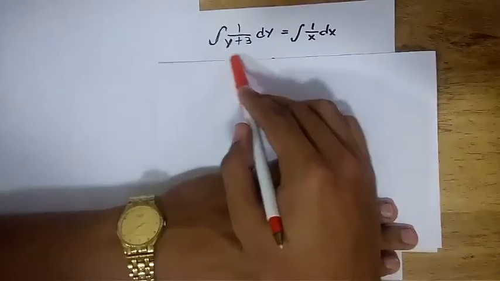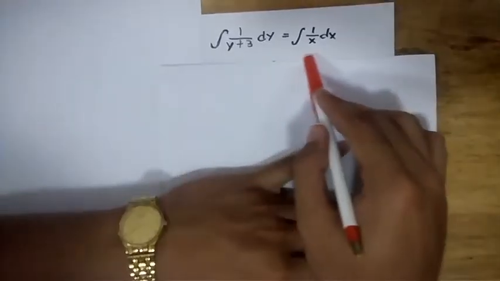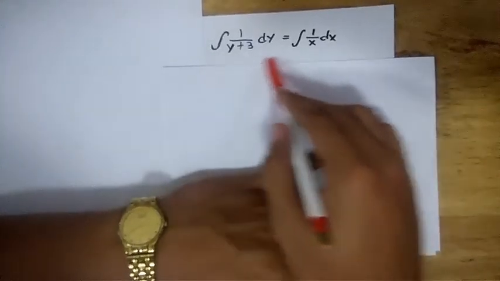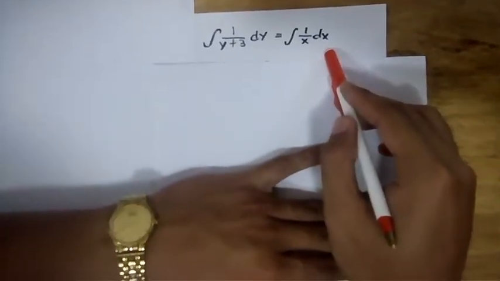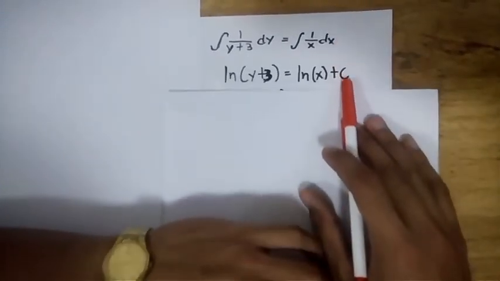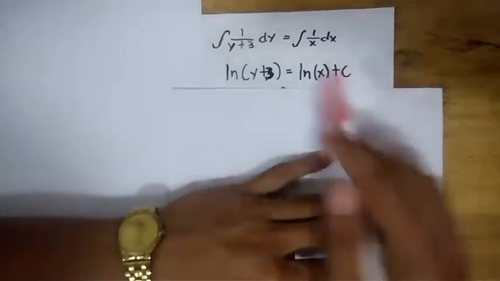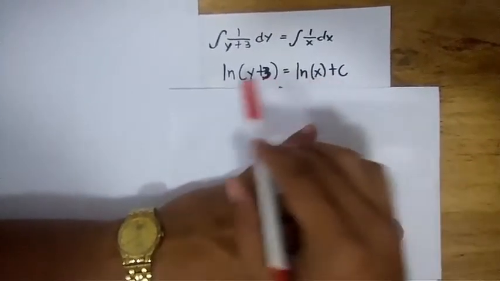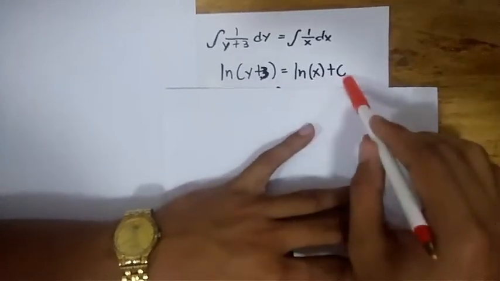So now we can integrate. So the integral of 1 over (y plus 3) dy equals the integral of 1 over x dx. So that's ln of (y plus 3) equals ln x plus c.